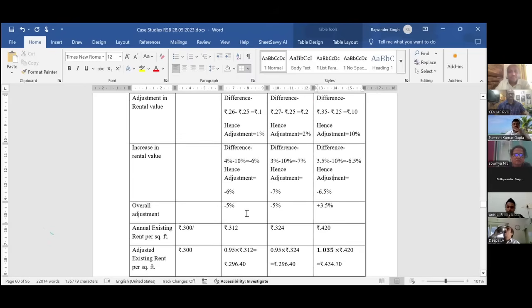So total overall adjustment will be minus 6 plus 1, minus 5%; minus 7 plus 2, minus 5%; and in this case it is 10%, minus 6.5, 3.5%.